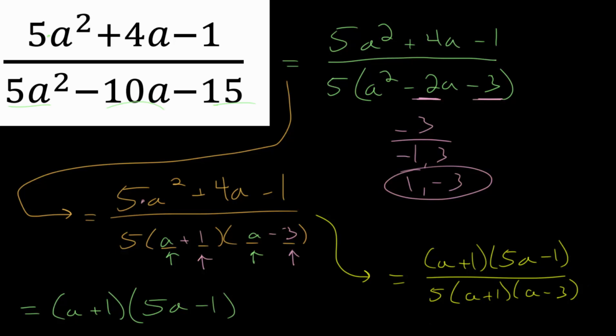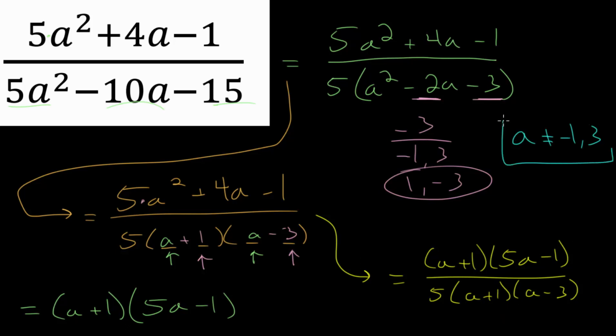And we should mention that you should also keep in mind which a values are not possible in this expression. It's just a good habit to notice those things. We can't divide by 0, so a cannot be -1 or 3, because that would lead to a denominator of 0, and division by 0 is just not defined.